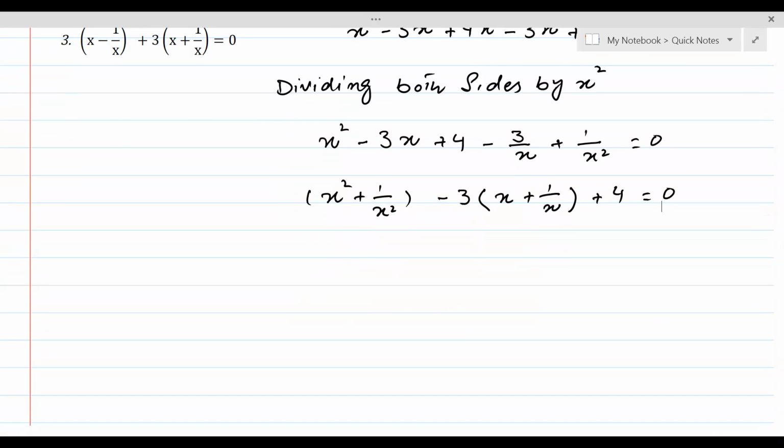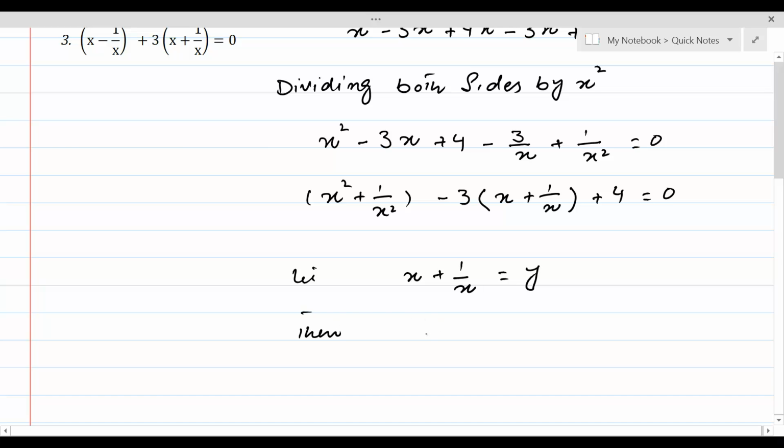And now if we suppose that x plus 1 over x is equal to y, then taking square, this would be x plus 1 over x whole square is equal to y square.